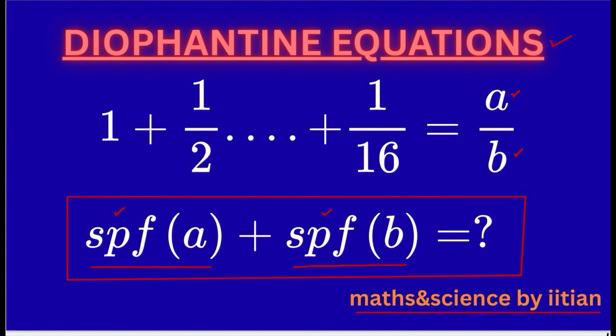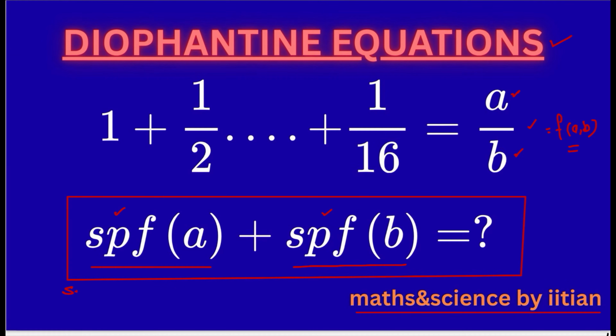Whatever equation is given, the sum of the harmonic series is a function of A and B, that is equal to A by B, where A and B are positive integers, and we have to find out the sum of the smallest prime factors.